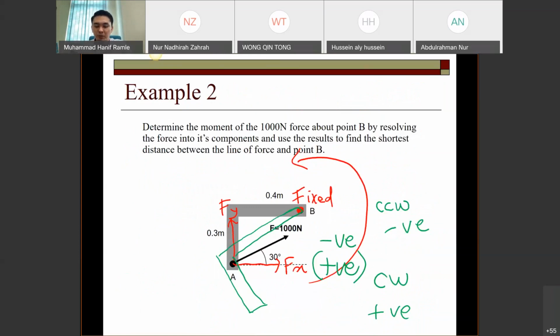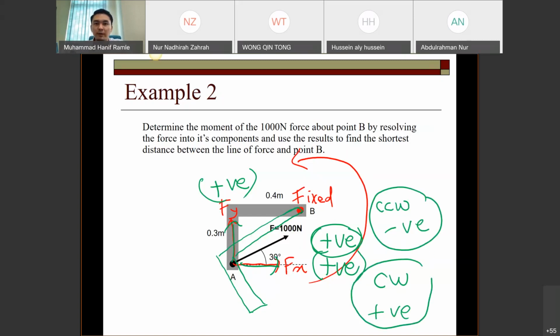Basically, for me, I define this direction as positive. The same goes for the rotation part: I define counterclockwise as negative and clockwise as positive. If you define it the other way, you will get a similar answer later on.